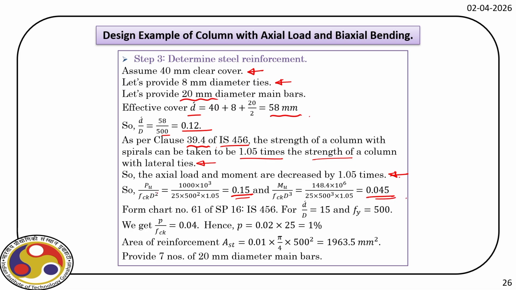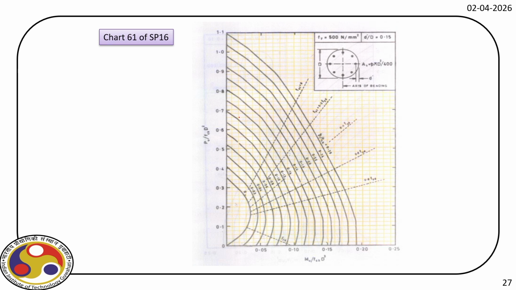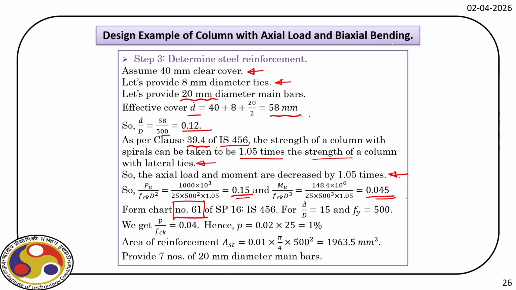Now again we use chart number 61. We'll see that in a minute, and here it is, chart number 61 for circular cross section. You just note the Mu value and the D prime by D value.